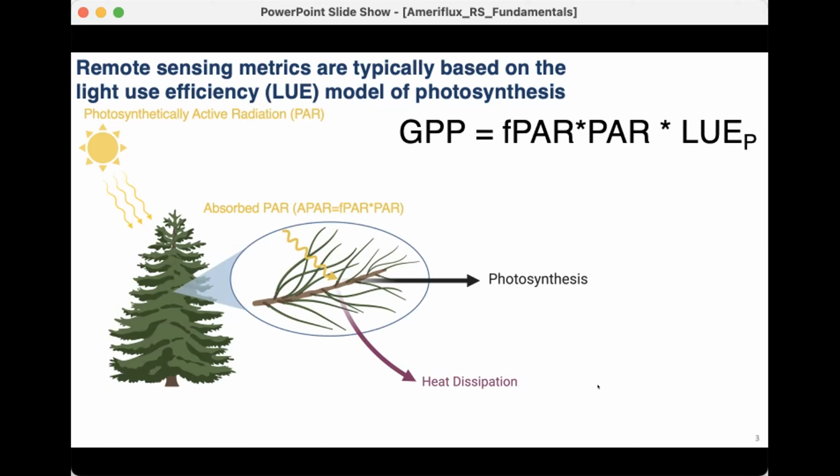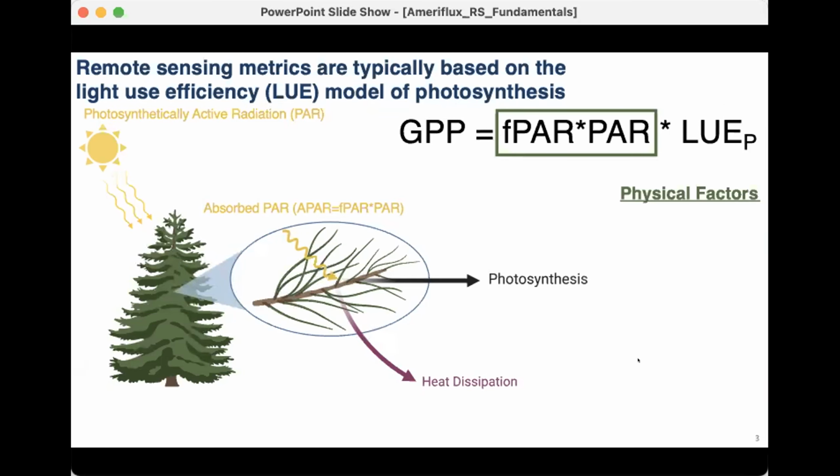And based on the dynamics between the partitioning of light between photosynthesis and heat dissipation, we can say that over the entire canopy, GPP, gross primary production, as would be measured by a flux tower, is equal to the fraction of incoming light that a plant absorbs, which is the FPAR times the total light, times the light use efficiency of photosynthesis. So how much of that light is being used to drive photosynthesis.